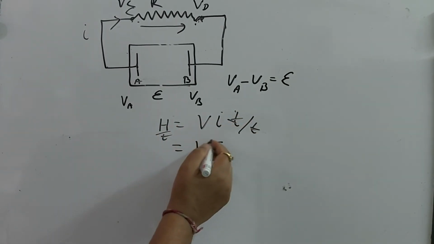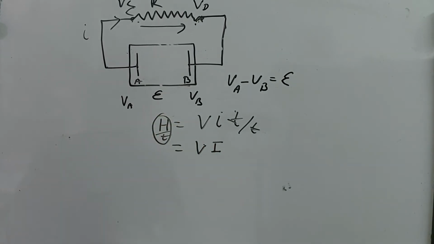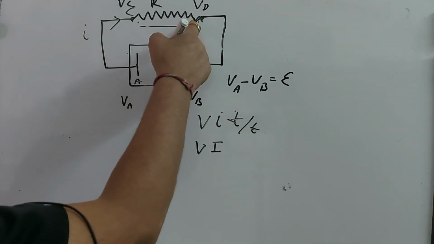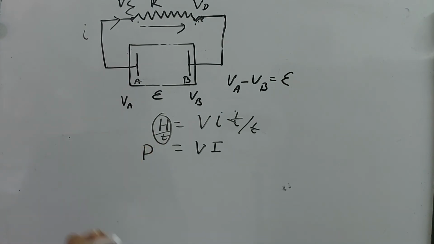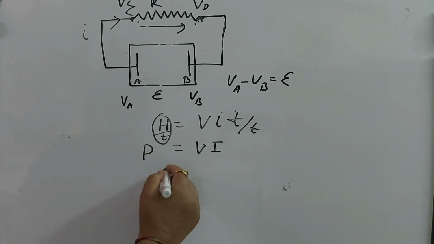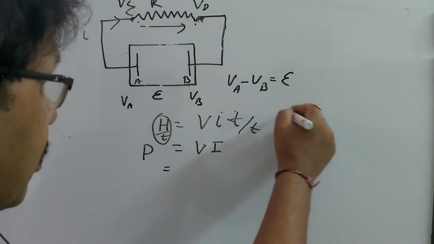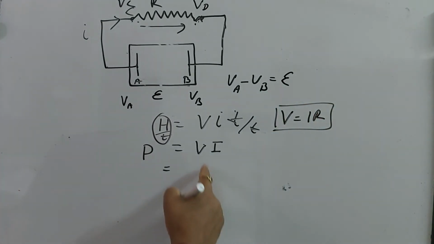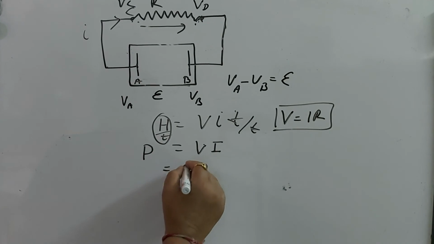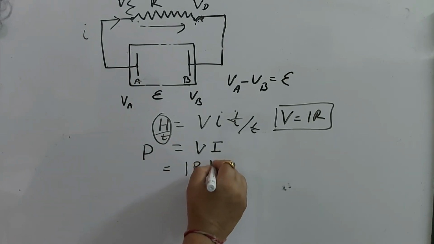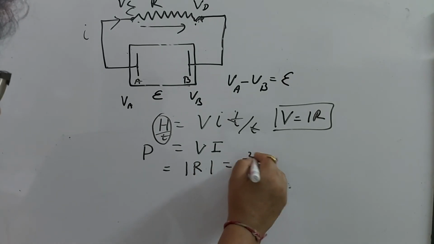So H by T is the power consumed in this resistor. This is P, and P is equal to V into I, and as we know V is equal to IR, this is Ohm's law. So if we put the value of V in this equation, this will be equal to I into R into I, and this will be equal to I square R.